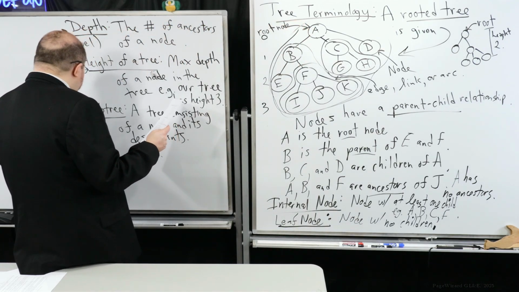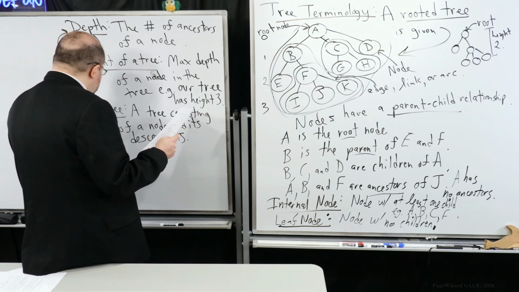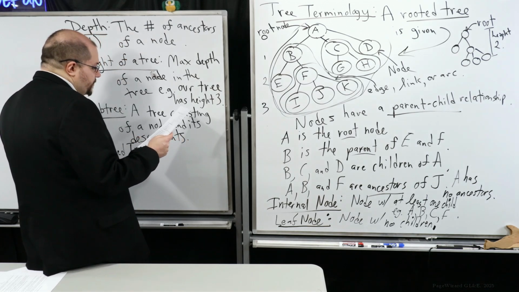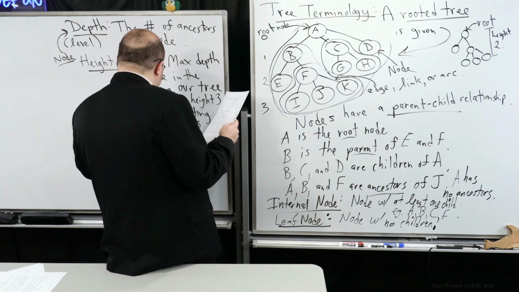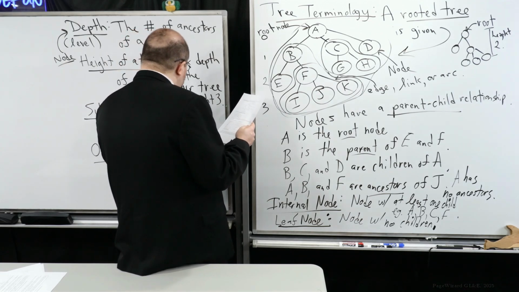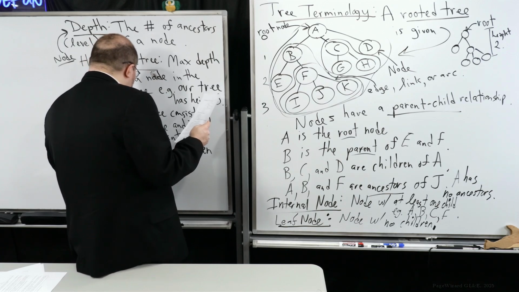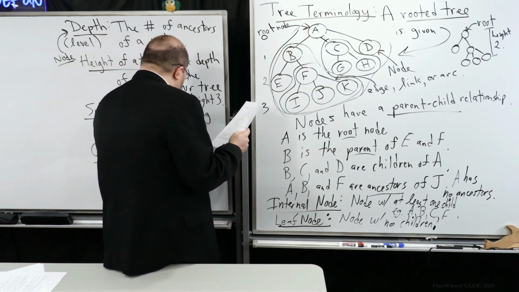Next, we have this idea of an ordered tree. Now, this is going to be highly relevant for us today. An ordered tree is where the children of the nodes are ordered.